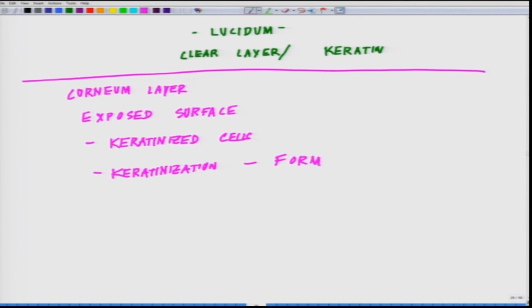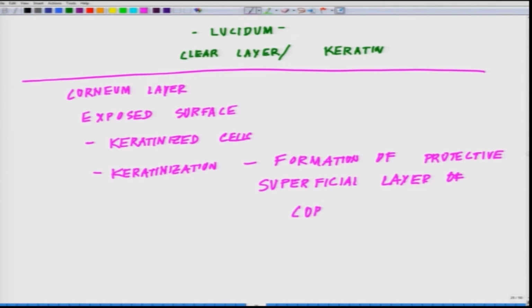formation of a protective superficial layer of cornified cells.